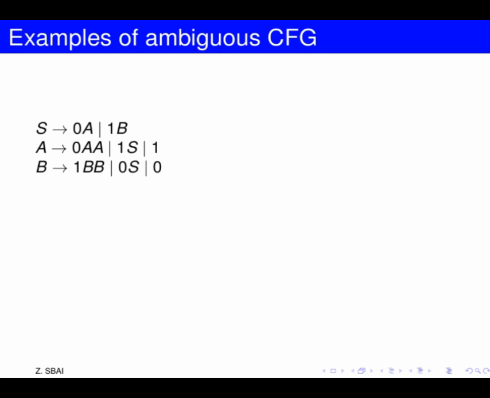Let's take another example here in which the ambiguity is not clear from the start symbol. We may say here that S will yield to 0A or 1B. So we'll choose 0A if the input is starting with 0, and we will choose 1B if the input is starting with the symbol 1.